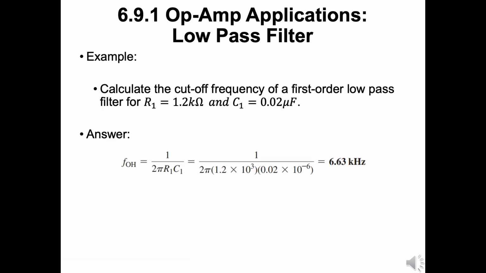This example requires us to calculate the cutoff frequency for a first-order low-pass filter. With the given R1 and C1 values, the frequency can be calculated, and the FOH is 6.63 kHz.